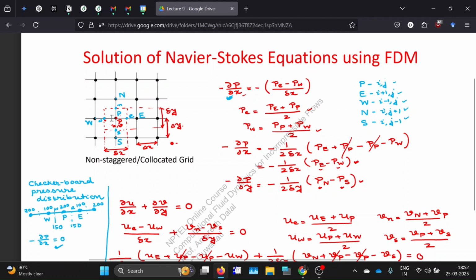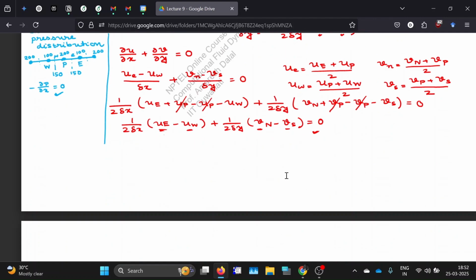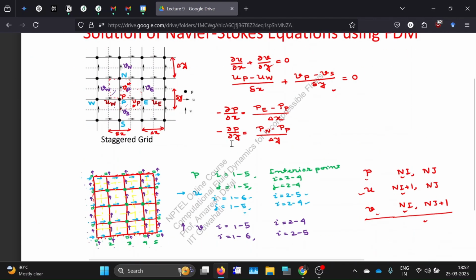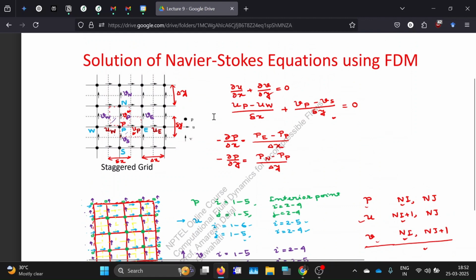But we are forced to take the values of... My question is, why do we need this extra small n, e, s, w, when we already had this capital N, E, W, S? We can go directly, but it's so we can compare with the staggered grid as well, because in the staggered grid we have it in that manner where there is a small e, small n.